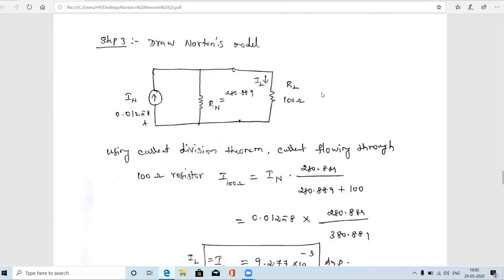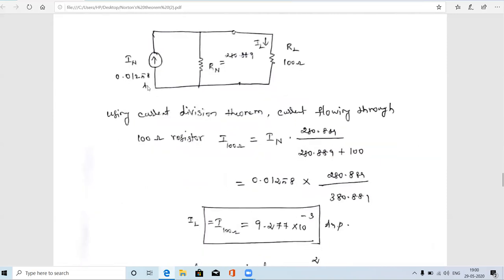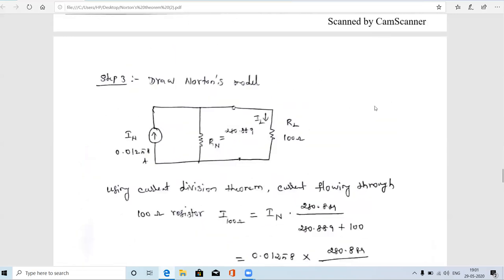What is the load resistance in the given diagram? 100 ohm. In the first step we removed the load, and that load resistance we have to attach to the terminals A and B. Now the Norton's current and Norton's resistance you just substitute. And what is our question? Obtain Norton's model. So Norton's model we obtained.